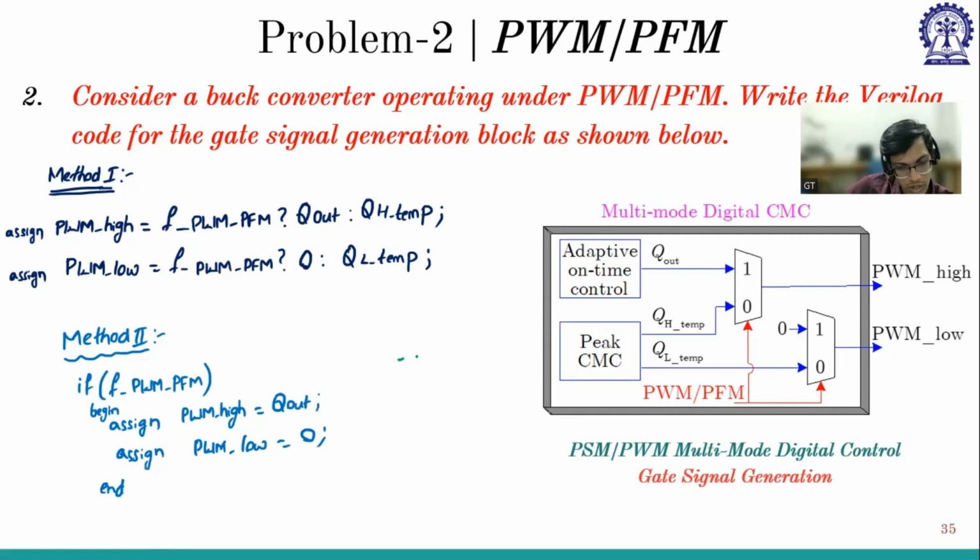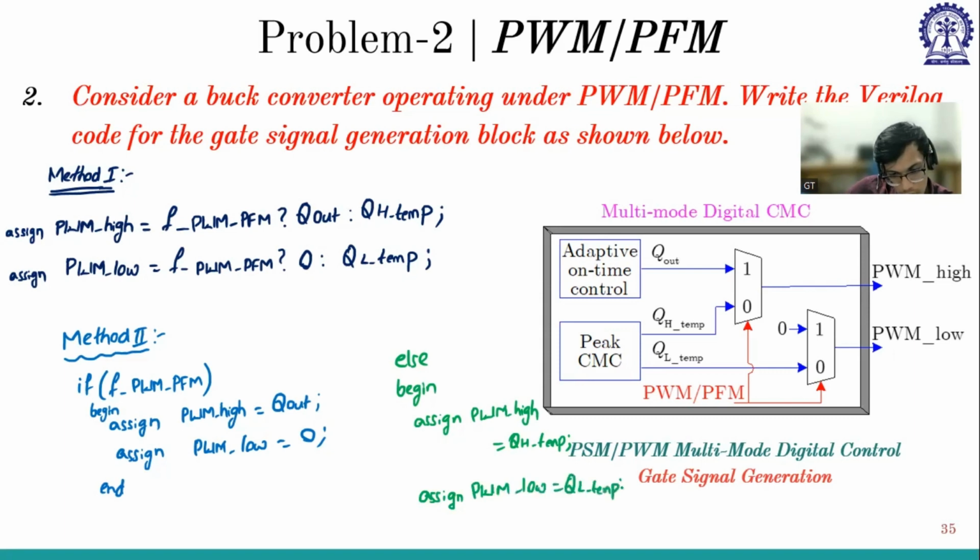Now the other part, which is else. So else, now we will do the PWM part again. Begin, assign PWM high is equals to QH temp semicolon, and for the low side assign PWM low is equals to QL temp semicolon, end.